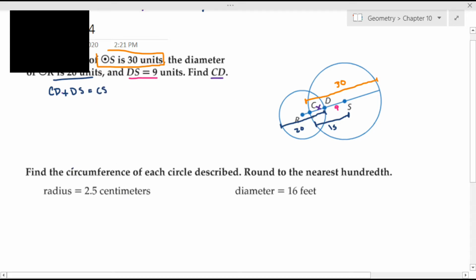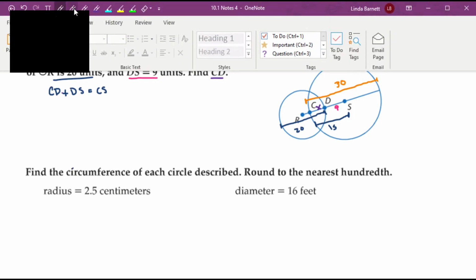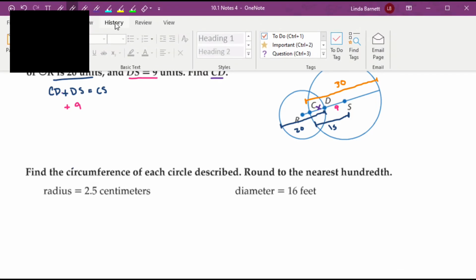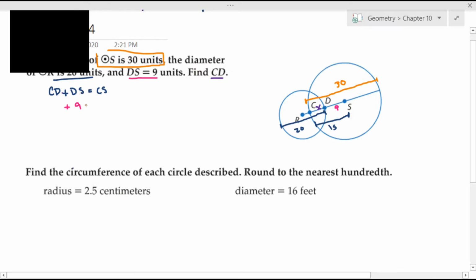The two small chunks, CD and DS, are going to add up to CS. So we knew that DS was 9 and CS is going to be 15 and CD is what we're looking for. So then I'm just substituting in what I know. Subtracting 9. So X is equal to 6.